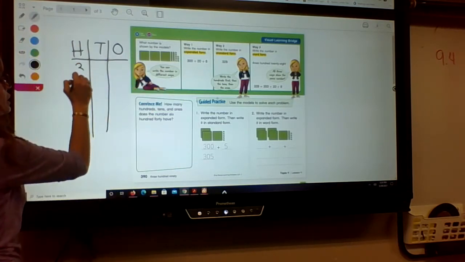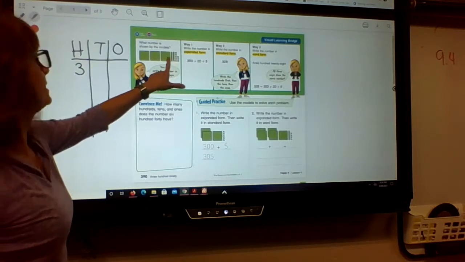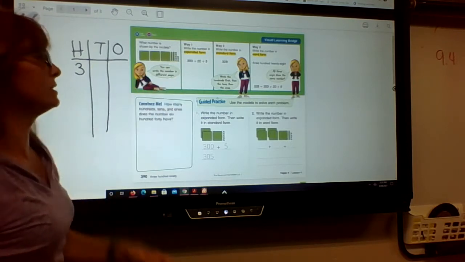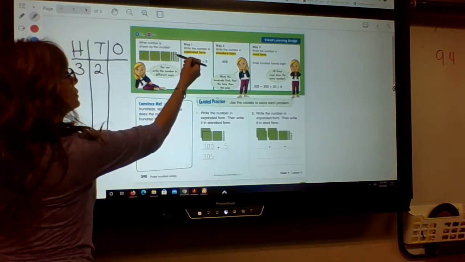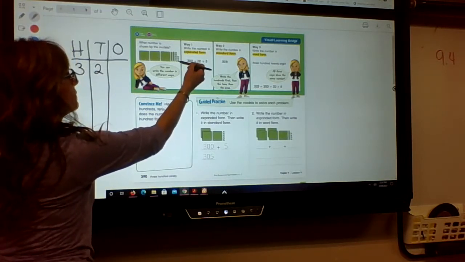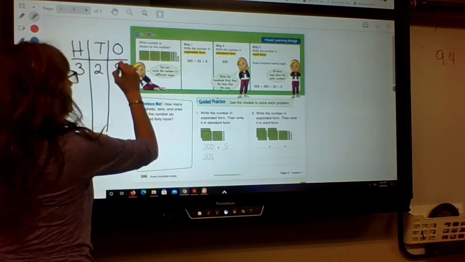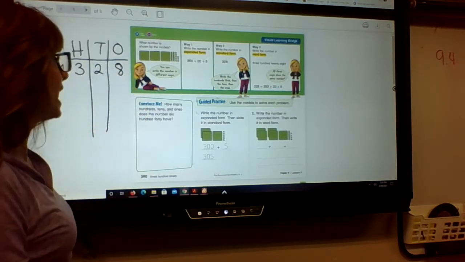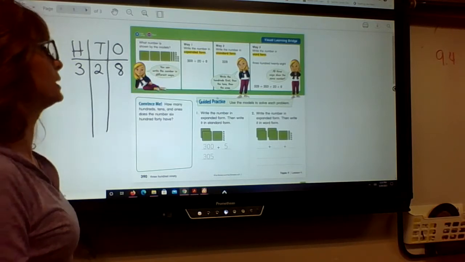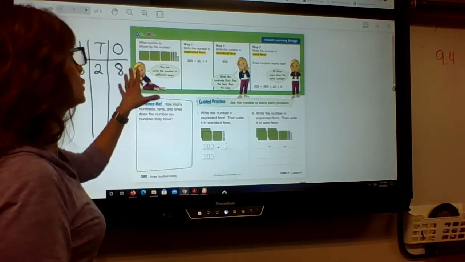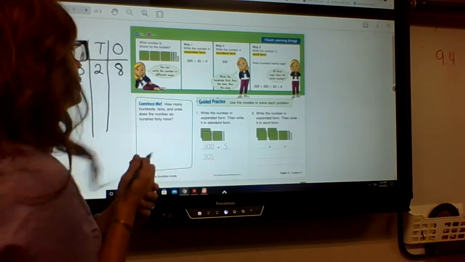We have 3 hundreds. Now let's count our tens. 1, 2 tens, which is 20. And then how many ones? 1, 2, 3, 4, 5, 6, 7, 8. There are 8 ones. So that gives us 328. All right, so those are using your base 10 blocks and your place value blocks.